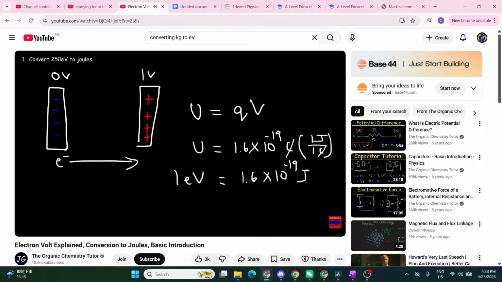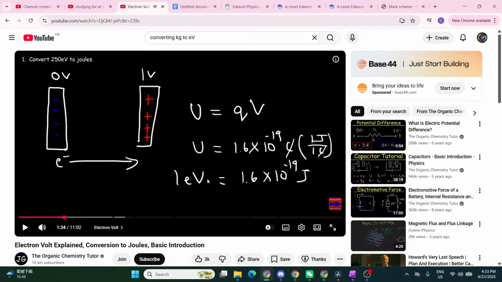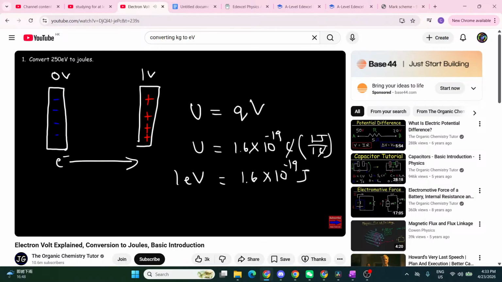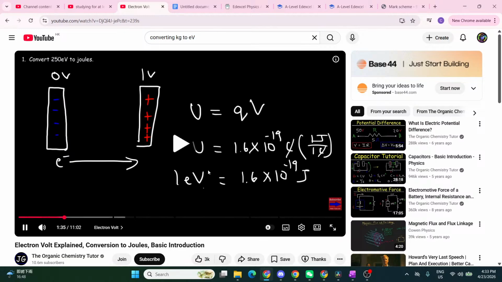And that's equal to an electron volt. That's how much energy an electron acquires if it moves through a potential of 1 volt. So now you know the relationship between electron volts and joules.